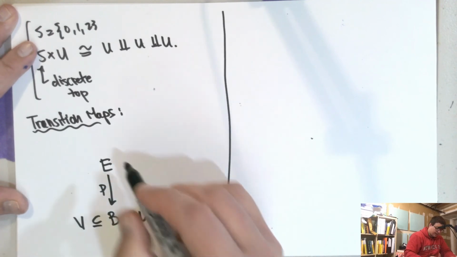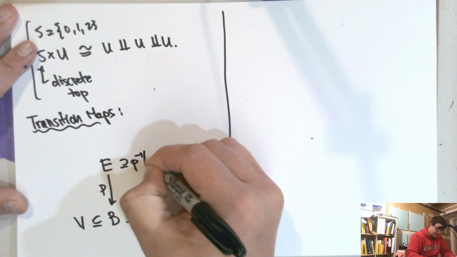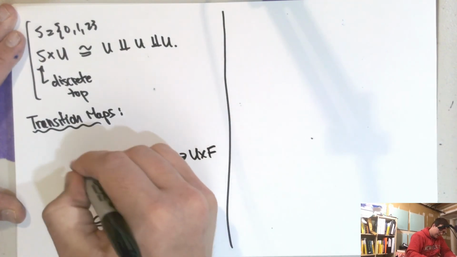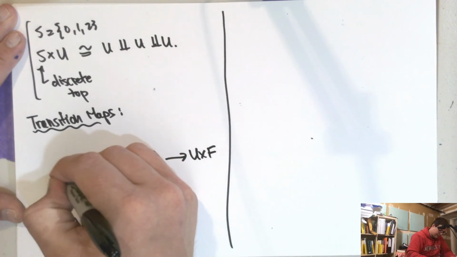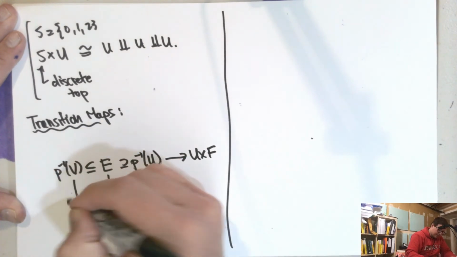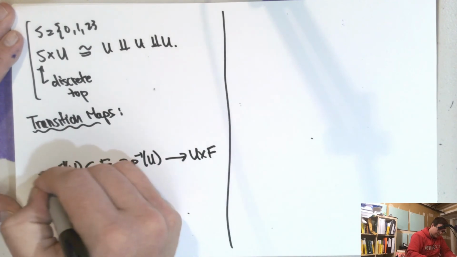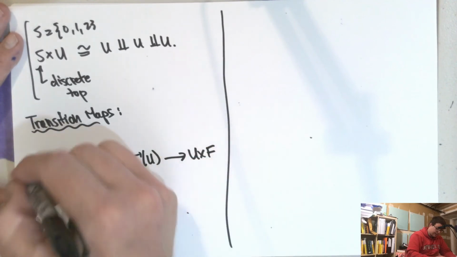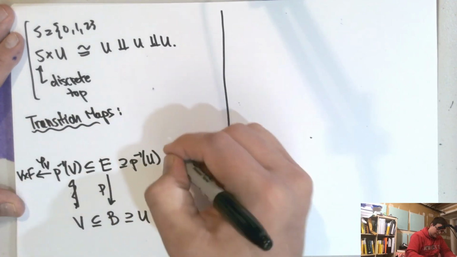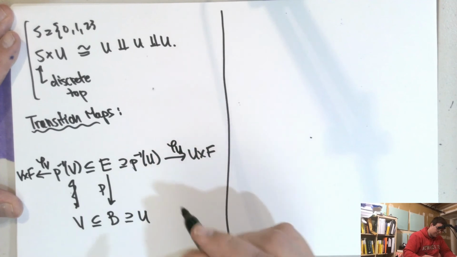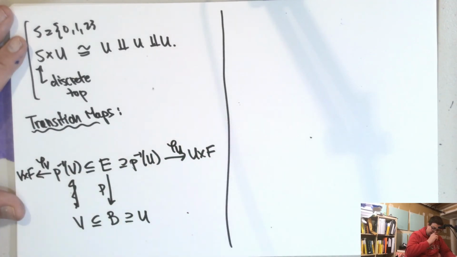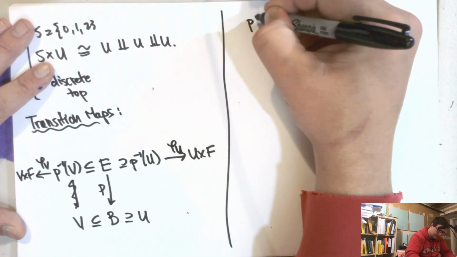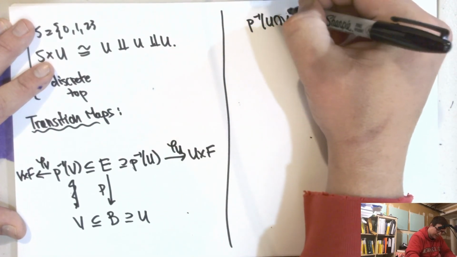And we could take P inverse of U, and this could be isomorphic to U cross F. And then we could have P inverse of V, and this is isomorphic to V cross F. So this is, say, by phi V, and this is phi U. One thing that we could do is on P inverse of U intersect V, like this.